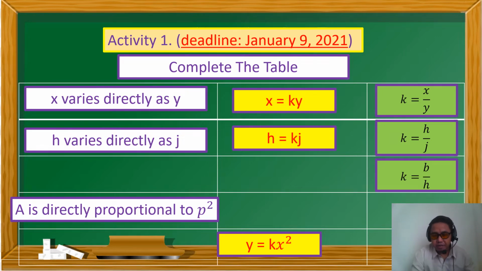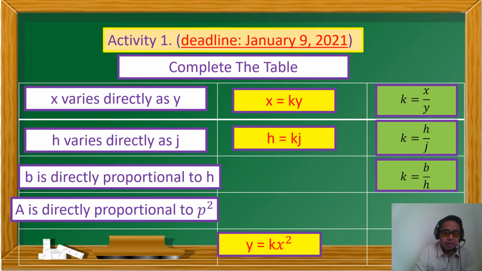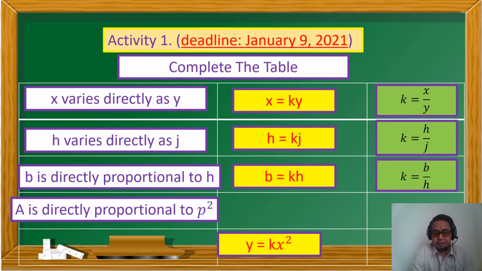So in number 3, if you have k is equal to b over h, in sentence, b varies directly as h, or we can also say b is directly proportional to h. In mathematical sentence, that would be b equals kh.